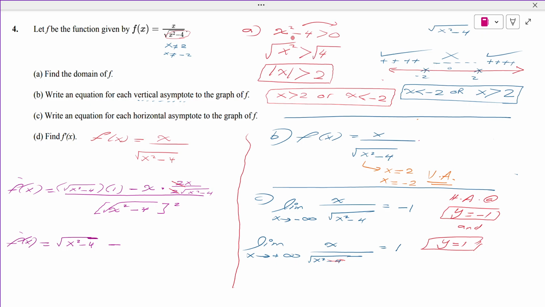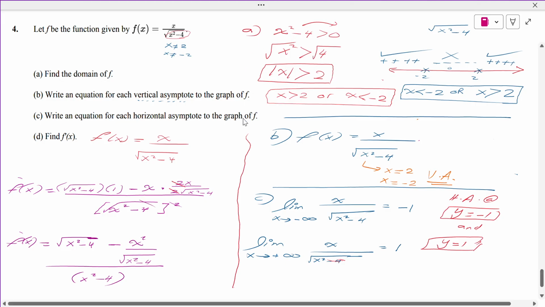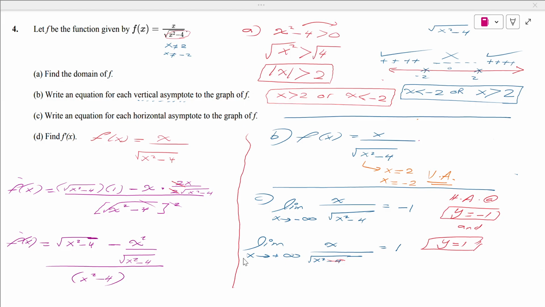It will be minus x squared over square root of x squared minus 4, all over x squared minus 4, because this power cancels the square root. We need to simplify further, right?